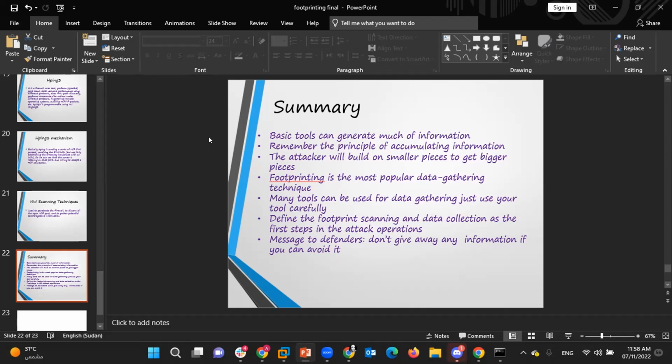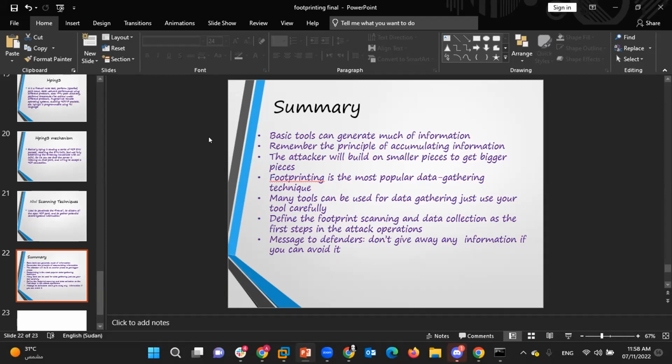Learn more about the tool you are going to use to know what data you should get from it, and which tool is more effective to collect much data. Use your tool carefully, and please don't use this tool in illicit ways. You are so responsible.